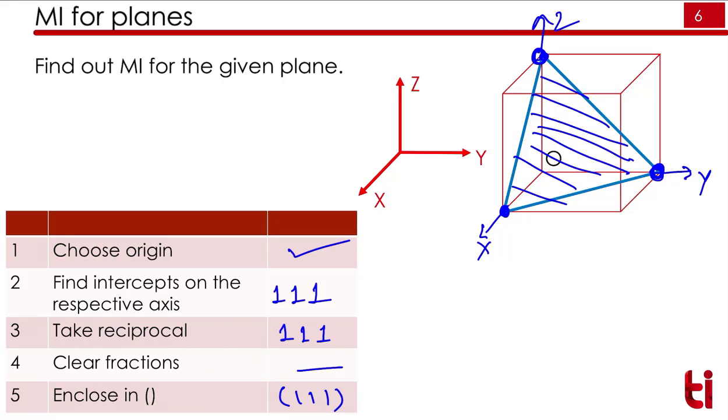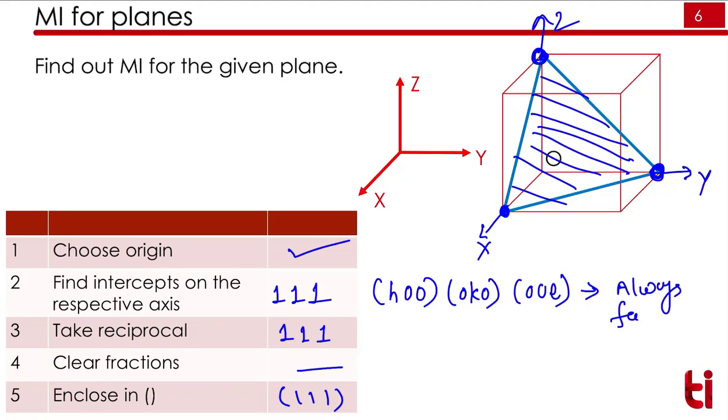So you can learn one thing here: if the plane is like this, h 0 0 or 0 k 0 or 0 0 l, then it will always be on a face of the unit cell.